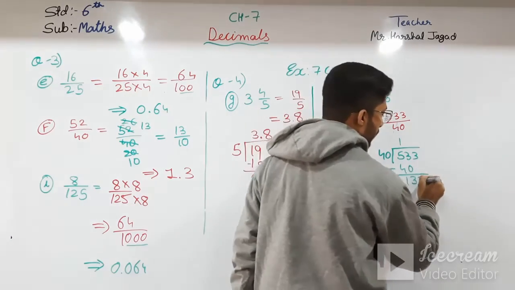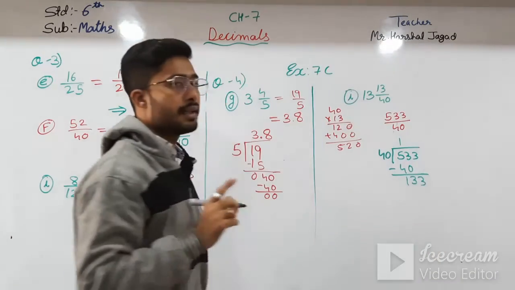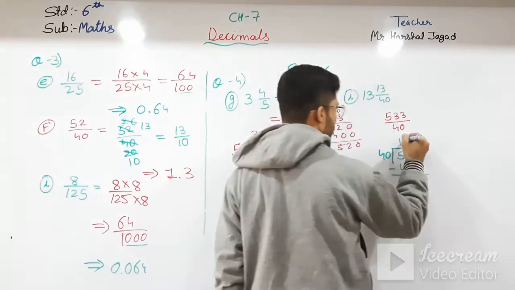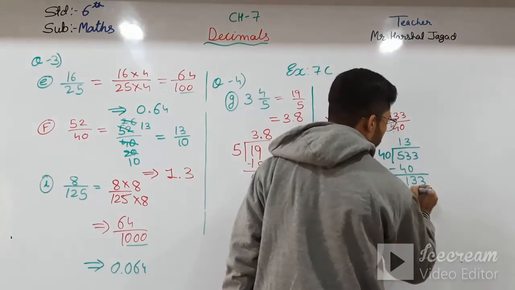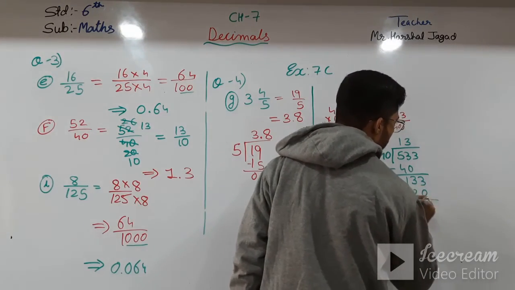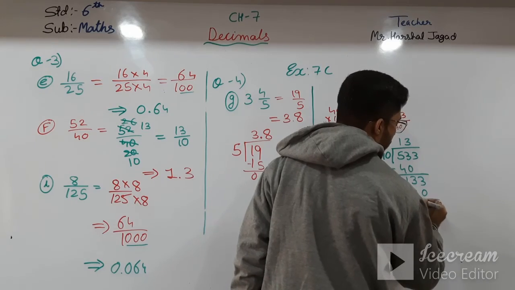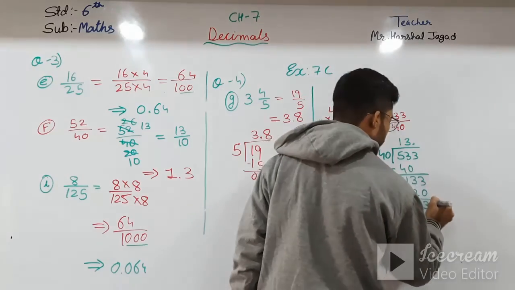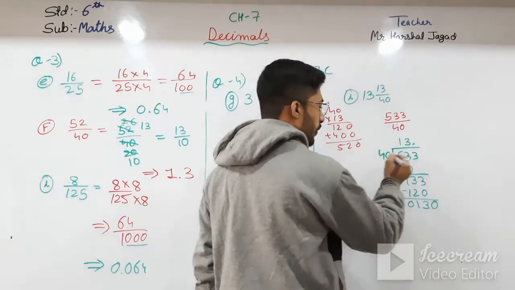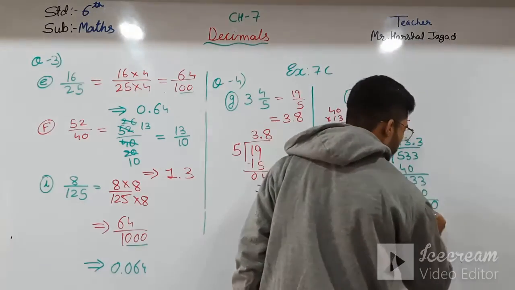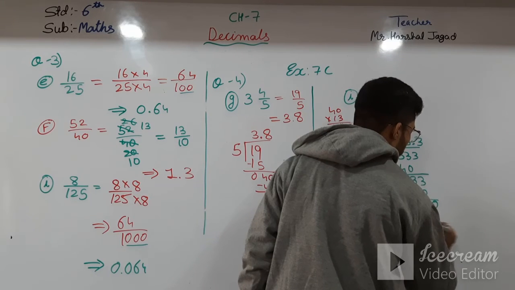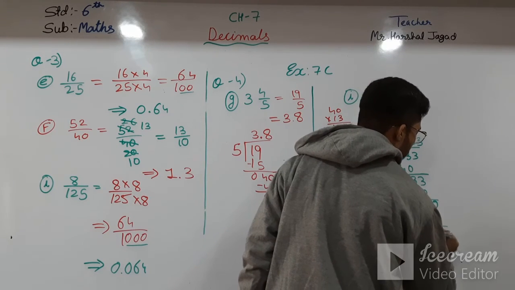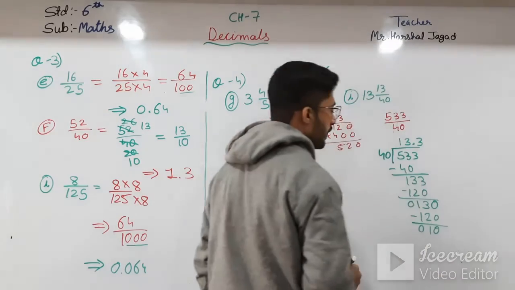So this 3 will come down. 4 3s are 12, so 4 30s are 120, 0 1 3, and if I put a point over here, then 0. 4 3s are 12, so 4 30s are 120, here comes 10.